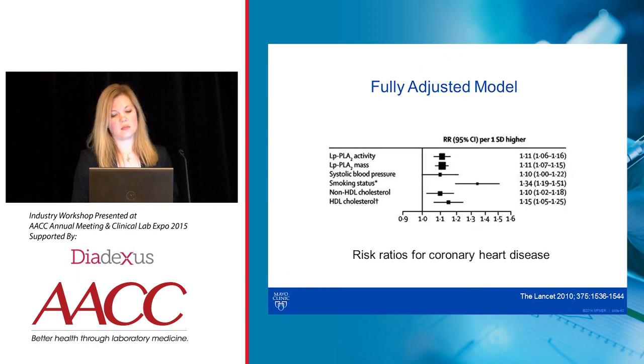In a fully adjusted model, LPPLA2 activity and concentration are very similar in risk ratios for coronary heart disease and compare favorably to others such as systolic blood pressure and even non-HDL cholesterol.